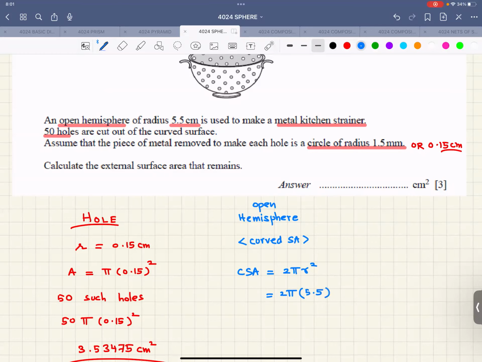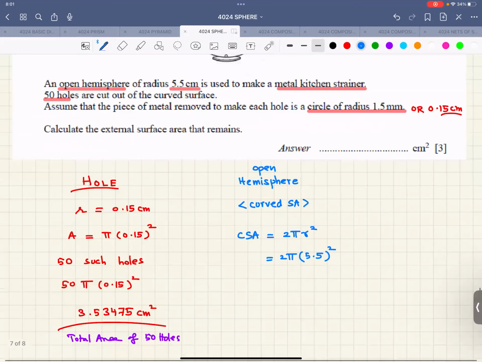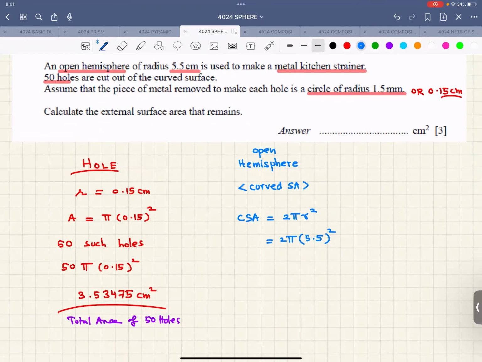So this is 5.5 square. So let me evaluate this. 2 into 5.5 into 5.5 into 3.142. That comes out to be 190.091 centimeter square. This is curved surface area. That's called the open hemisphere.